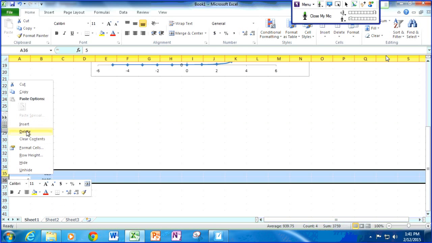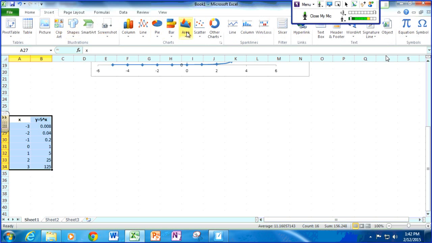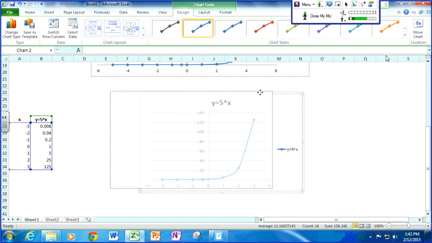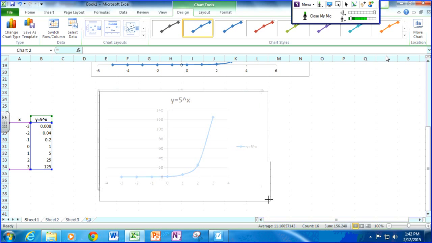So now we have a smaller range of values, and I'll go up and we'll do Insert and get a scatter chart and we'll do another one. Oh, look at that. Okay, so that looks a little better. Still kind of hard to see the small numbers, but you get the idea, right?